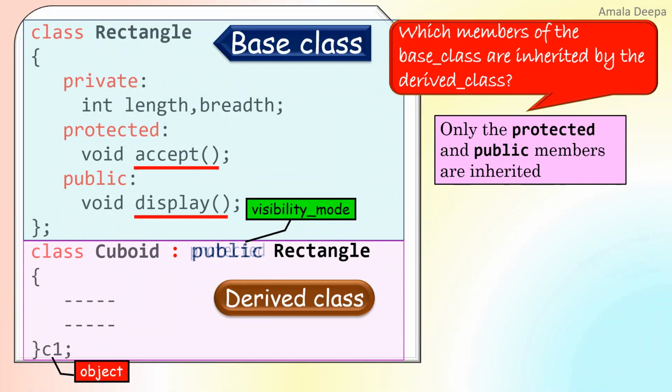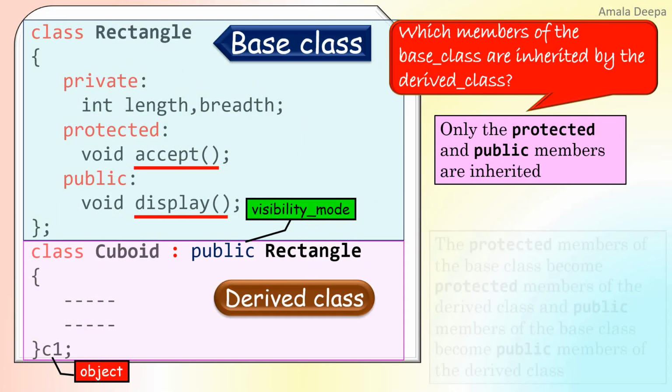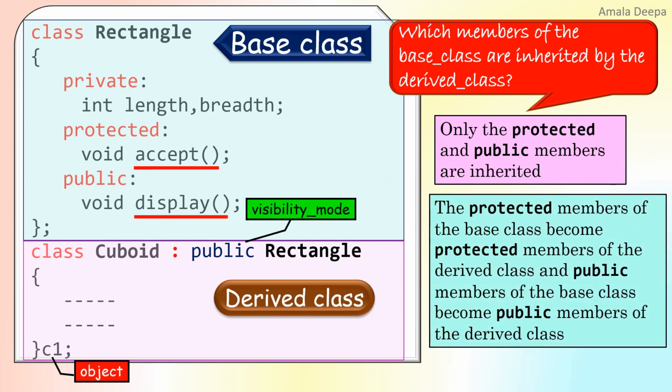If the visibility mode is public, then the protected members of the base class become protected members of the derived class, and public members of the base class become public members of the derived class. This means the accept member function, which is protected, is inherited as protected itself, and the display member function, which is public, is inherited as public itself.